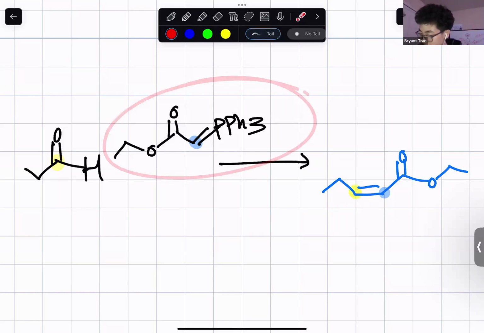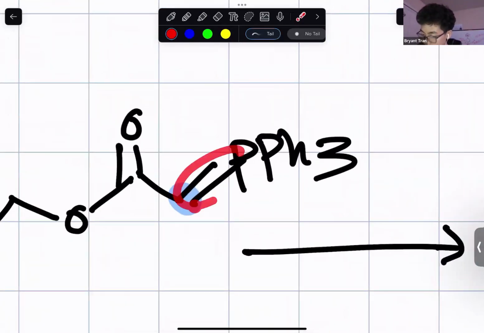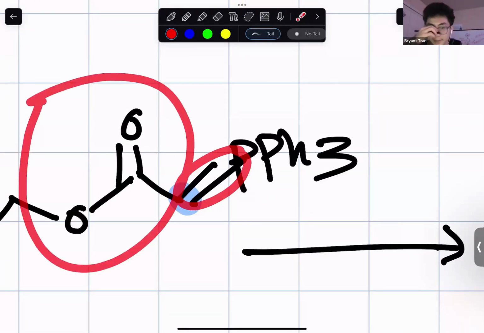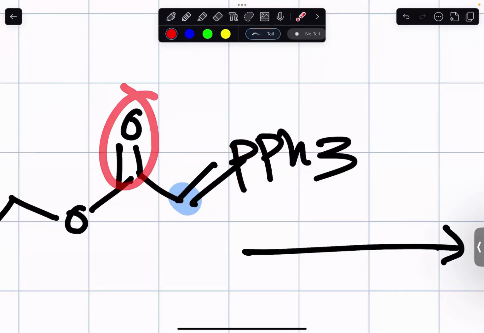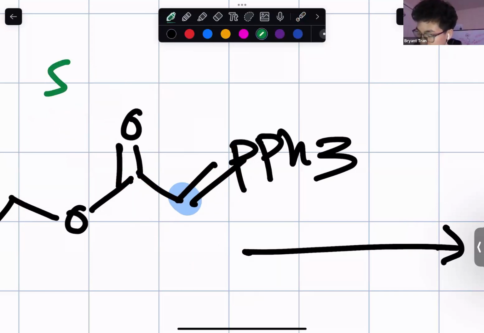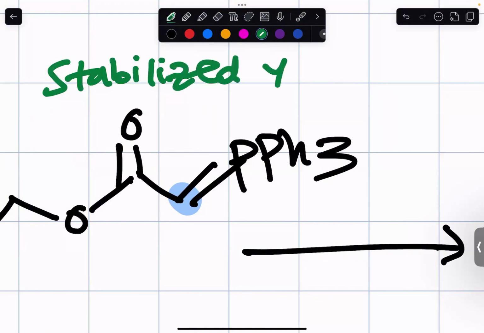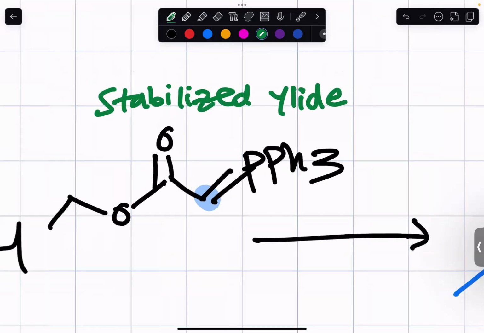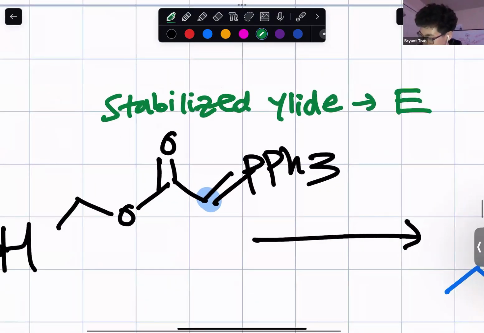But let's look at the ylid here. Can this double bond of the ylid do resonance with the carbonyl here, let's say? Yeah, it can, right? And because it can, this is considered a stabilized ylid. And what we predict the major product here would be is the E alkene, right?